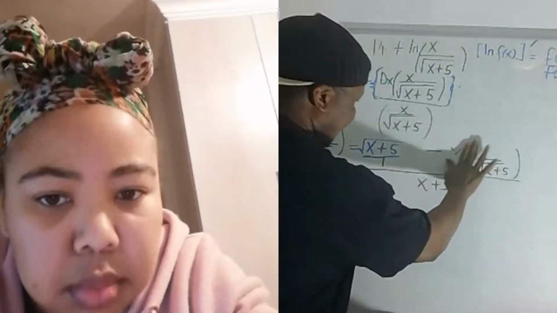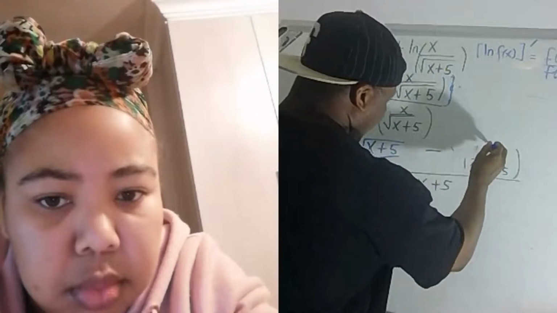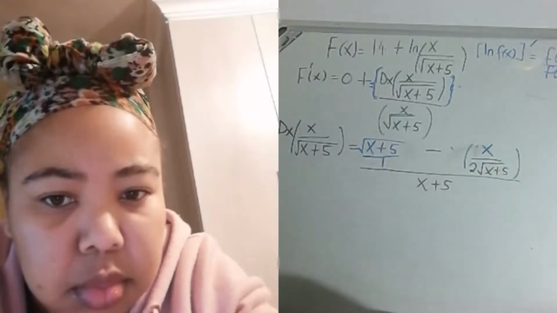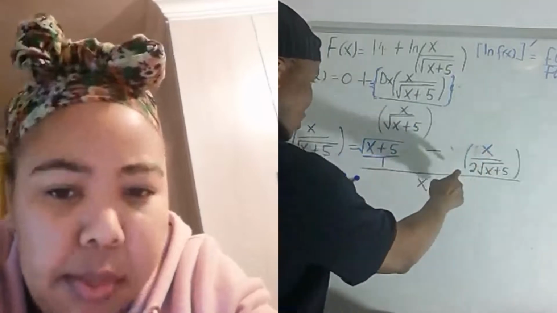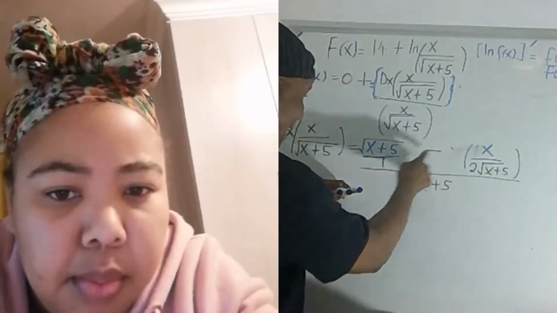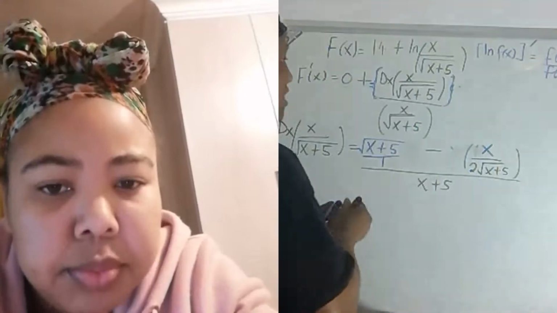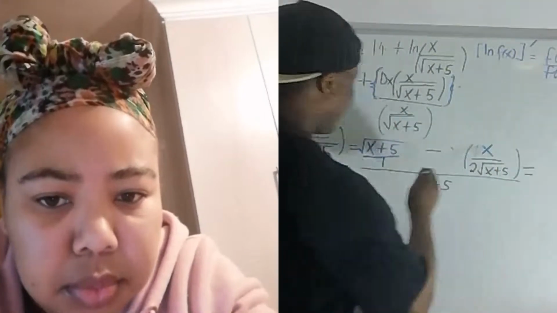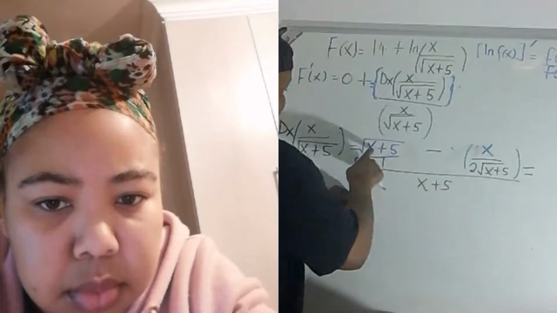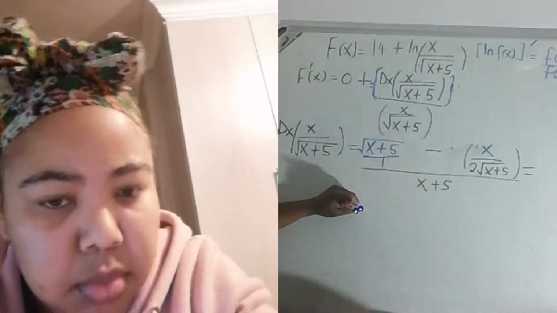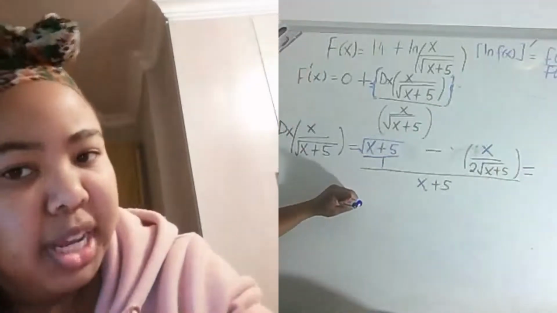x times 1 is just x. For the fraction here, I must take this multiplied by that and that multiplied by that. If I take this times the square root of x plus 5 times the square root of x plus 5, what are we going to get? We're going to get x plus 5.